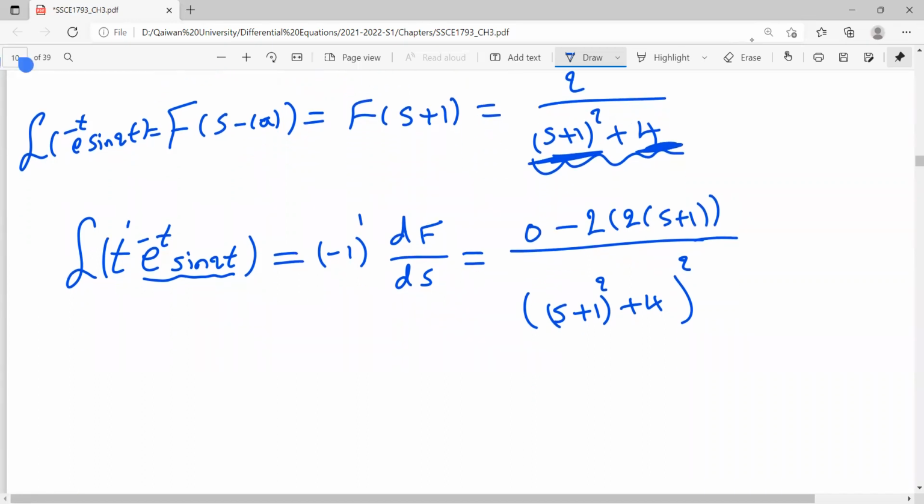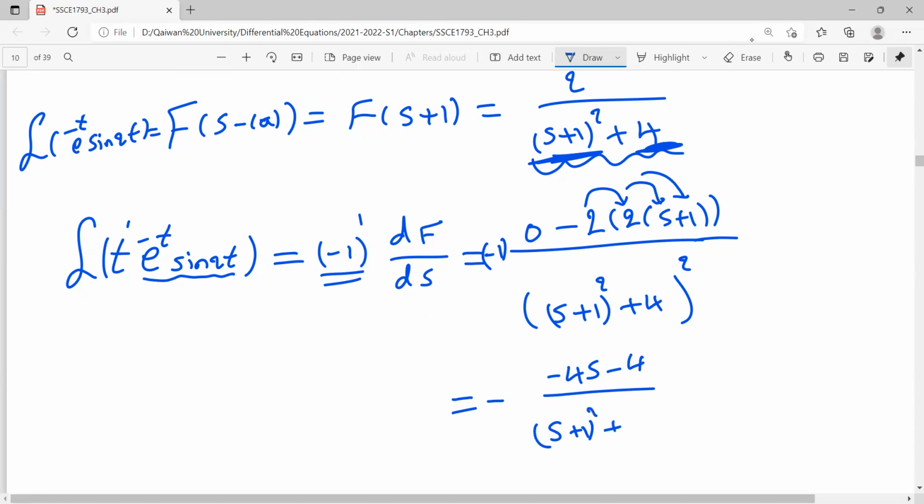This equals minus, here we have a negative 1, as you see, minus 1 to the power 1. It is minus 2 times 2 is 4 times s plus 1, which is 4s plus 4, dividing by s plus 1 squared plus 4 all squared.